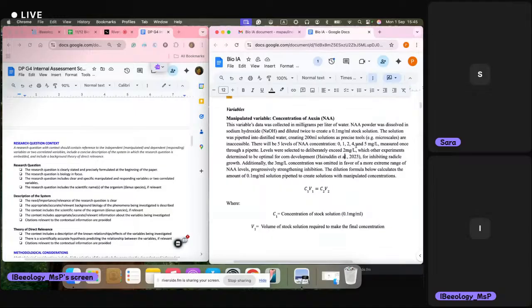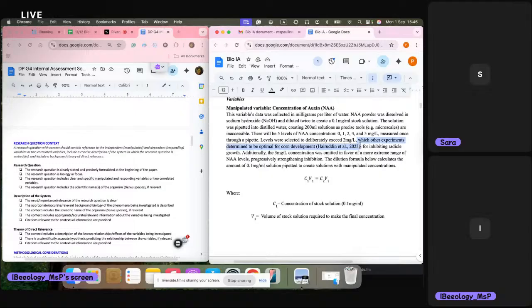How it's written, it's open to interpretation. Other experiments determined to be optimal. So why did you get this citation if it's doubtful? Think about how it's written and how it is helpful to create a concise and justified citation.